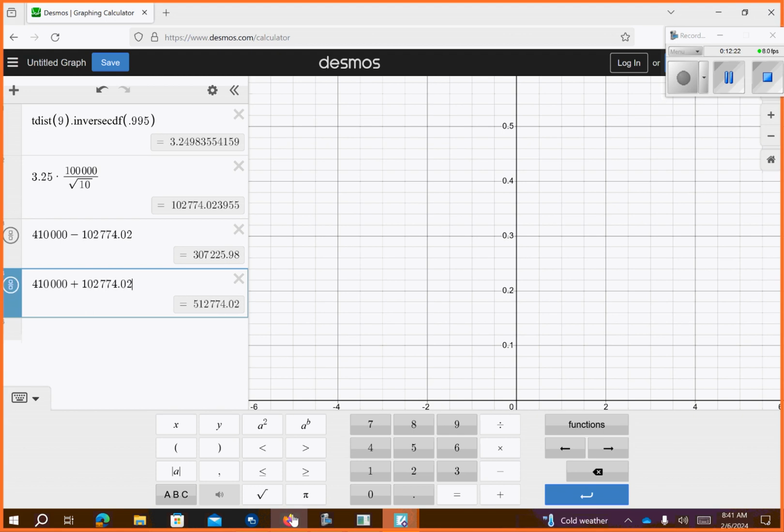So now we would be 99% confident for number 6 that if we were to select another 10 homes in the Sunnyside neighborhood in Miami, our house prices would go between $307,225.98 to $512,774.02. So the 99% confidence makes that range a lot broader.